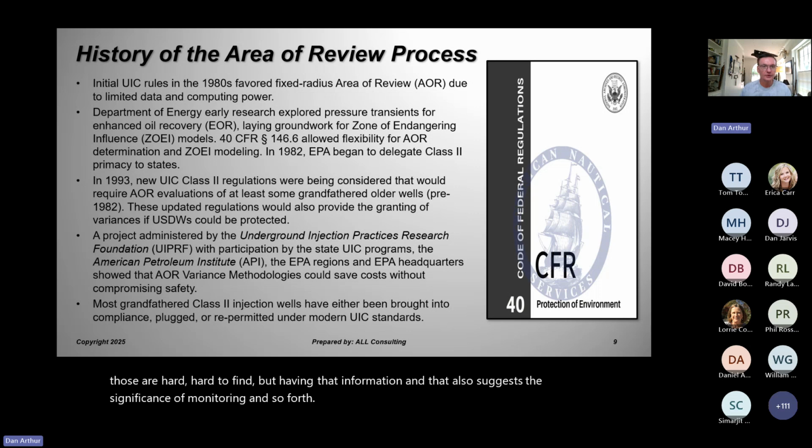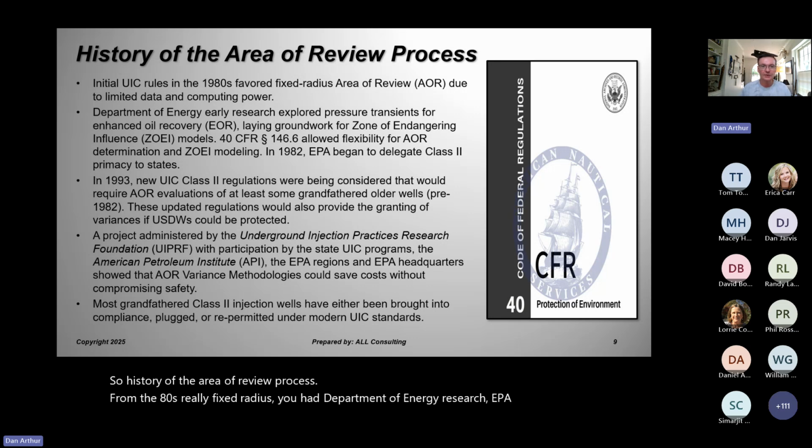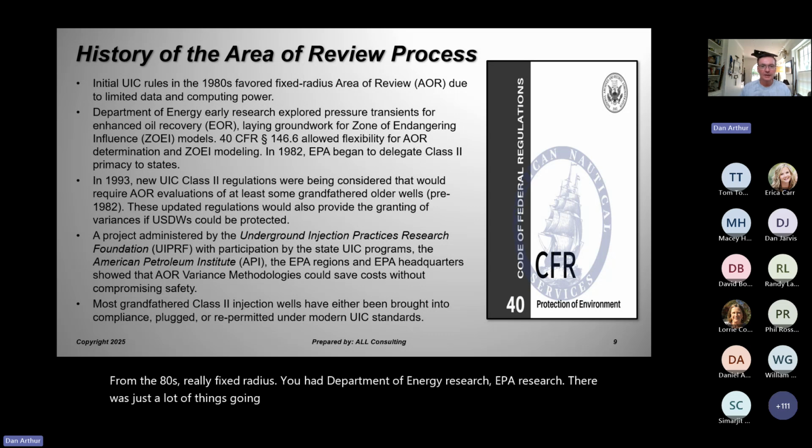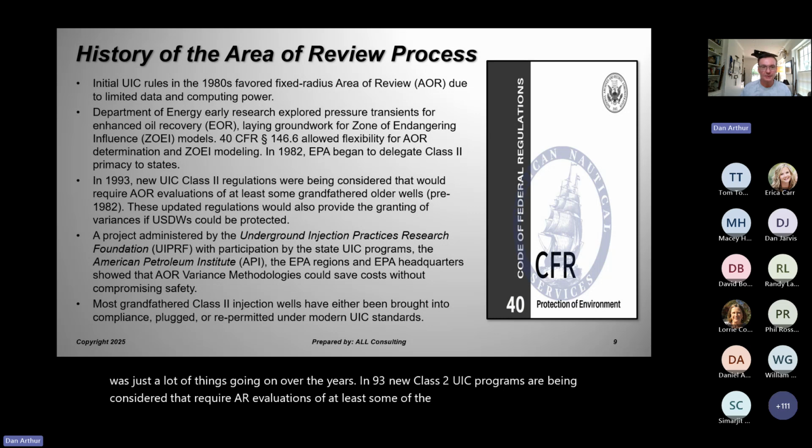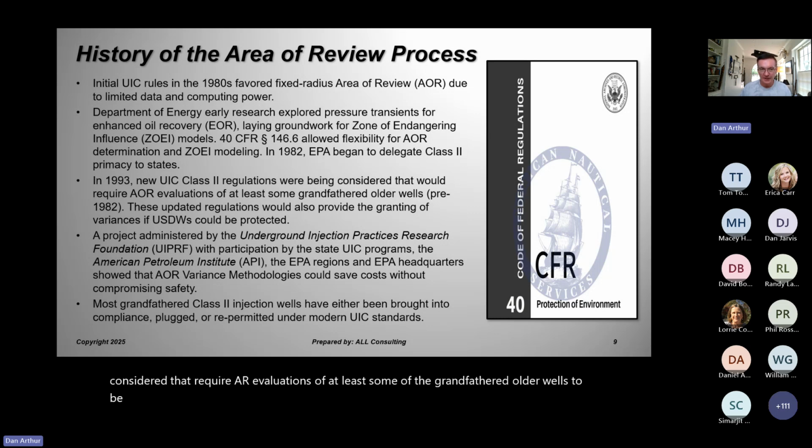So, the history of the area of review process, from the 80s, was really a fixed radius, with Department of Energy research and EPA research. There was just a lot of things going on over the years. In '93, new Class II UIC programs were being considered that require AOR evaluations of at least some of the grandfathered older wells to be updated, because a lot of those early injection wells, when we started the program, were permitted by rule.